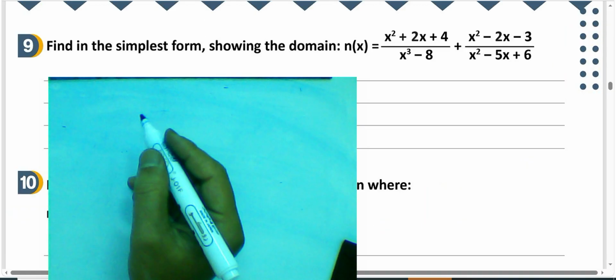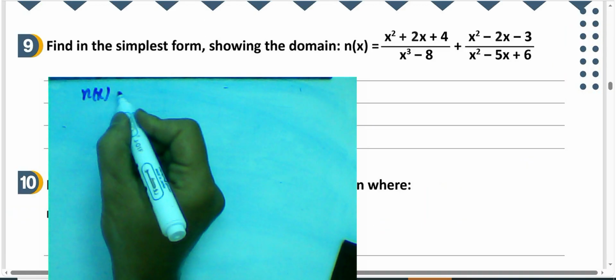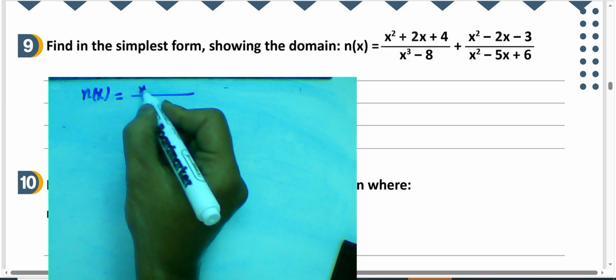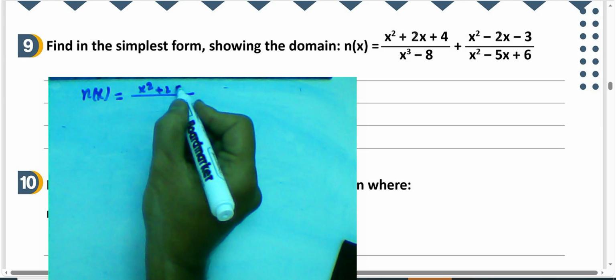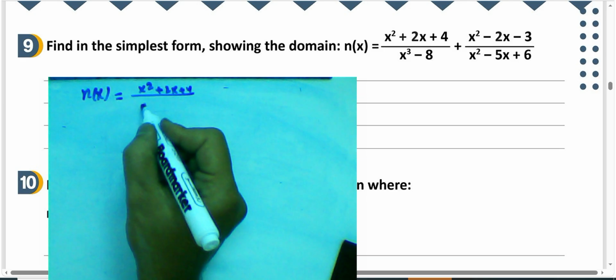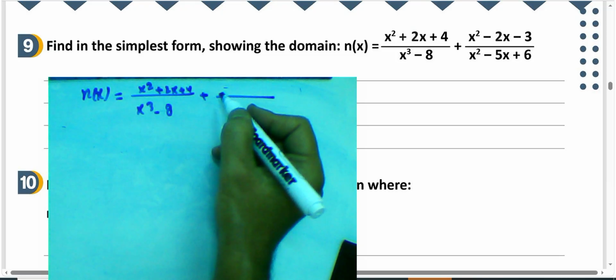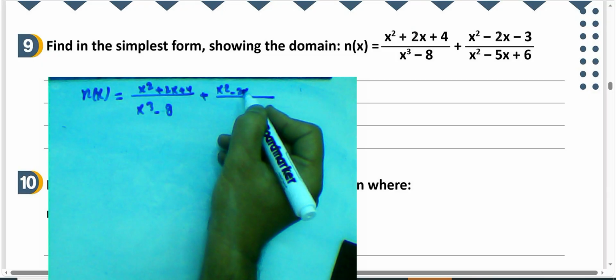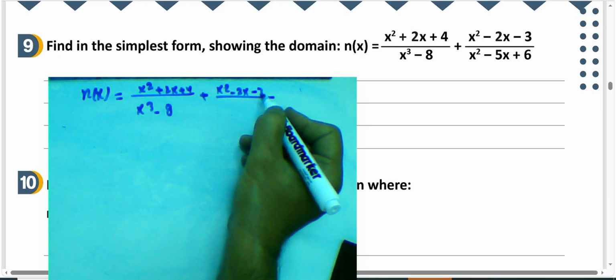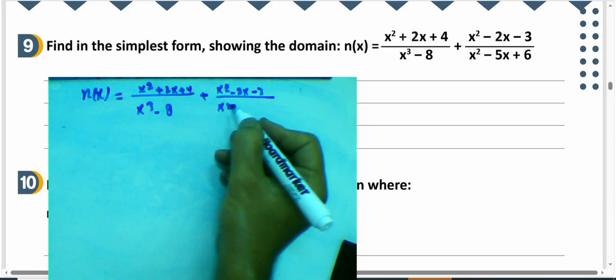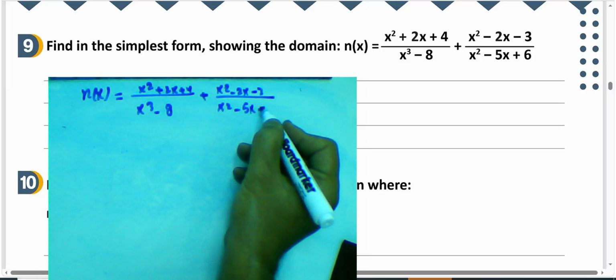And the sample is about this function, n of x equivalent to x power 2 plus 2x plus 4 over x power 3 minus 8, plus x power 2 minus 2x minus 3 over x power 2 minus 5x plus 6.